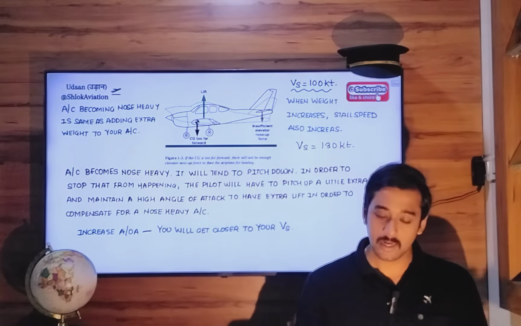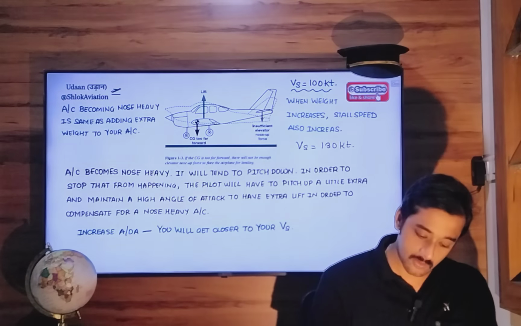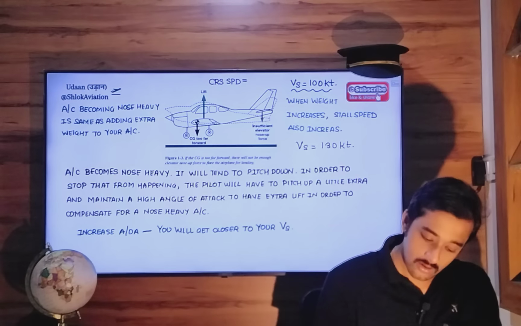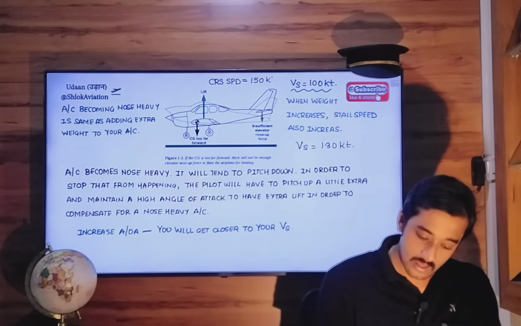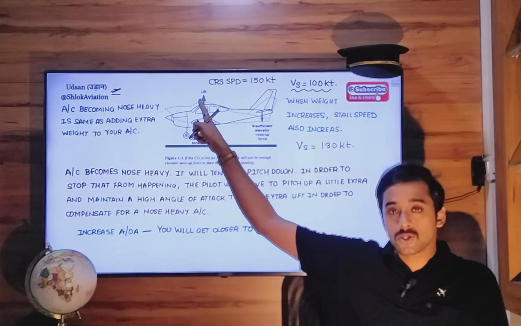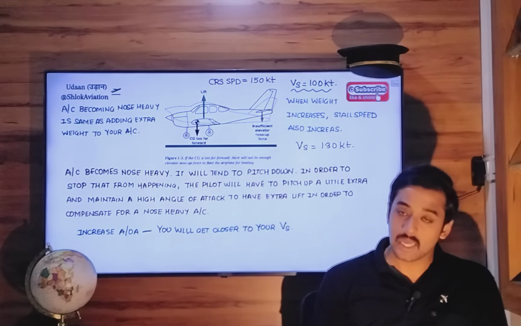So if your cruise speed is, let's say, 150 knots, with a stall speed of 100 knots the margin between your cruise speed and stall speed is 50 knots.